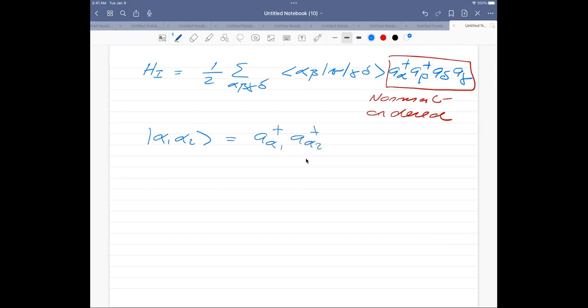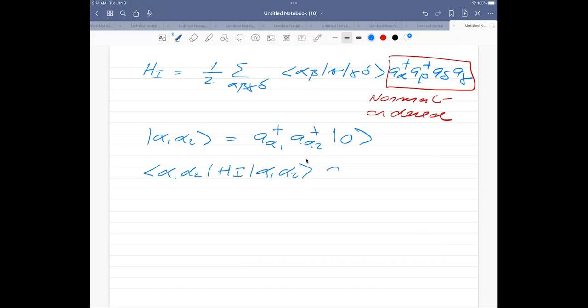In this case, we only have creation operators, which means that when I now calculate the expectation values with alpha 1, alpha 2, and this operator H1 of alpha 1 and alpha 2, what I'm going to do now is simply look at the operators. So I'm skipping the vacuum state, the integrals and everything.